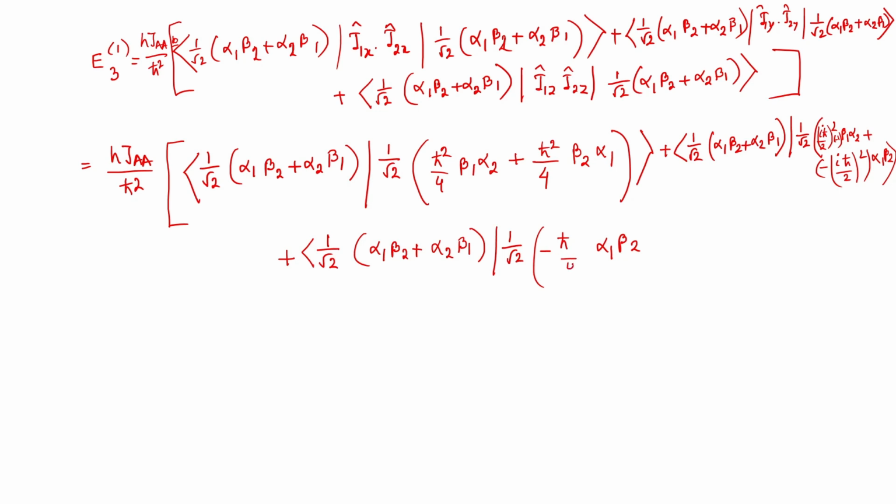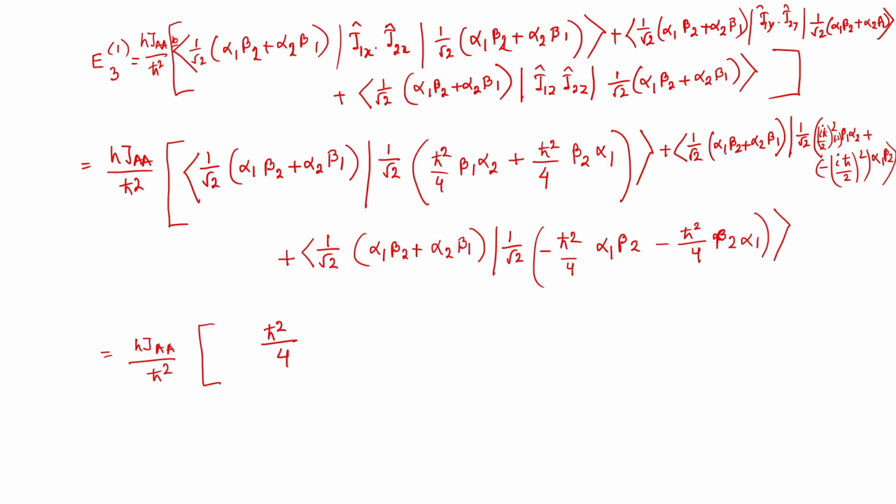Minus h cut by 4, and here also you are going to get h cut square by 4 beta 2 alpha 1. So from the first one you are going to get h, the first one. So this, if I take common h cut by 4, you see that there will be some normalization thing and it will become 1.